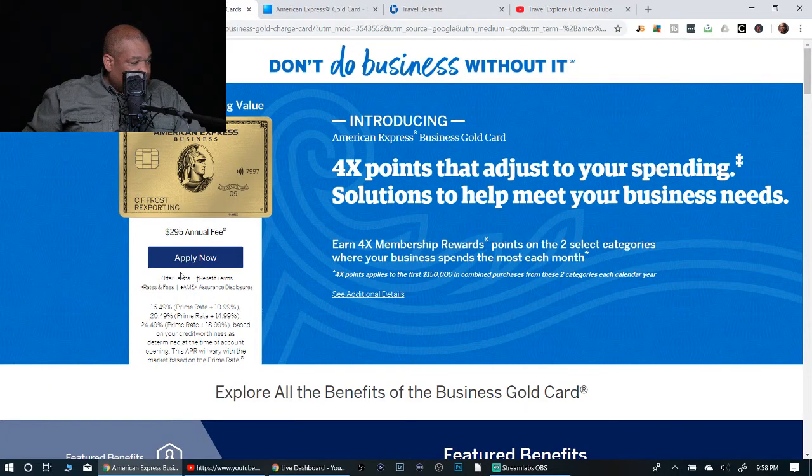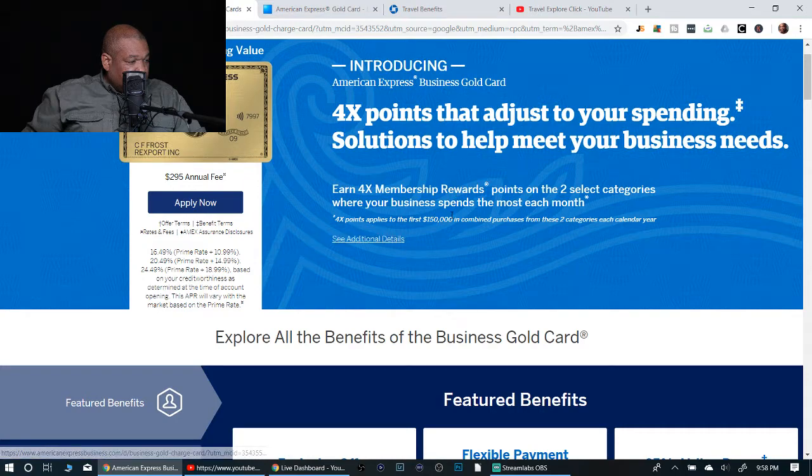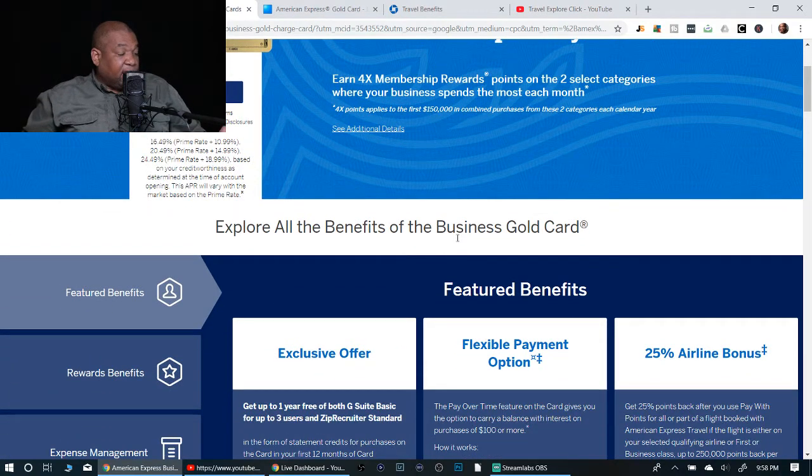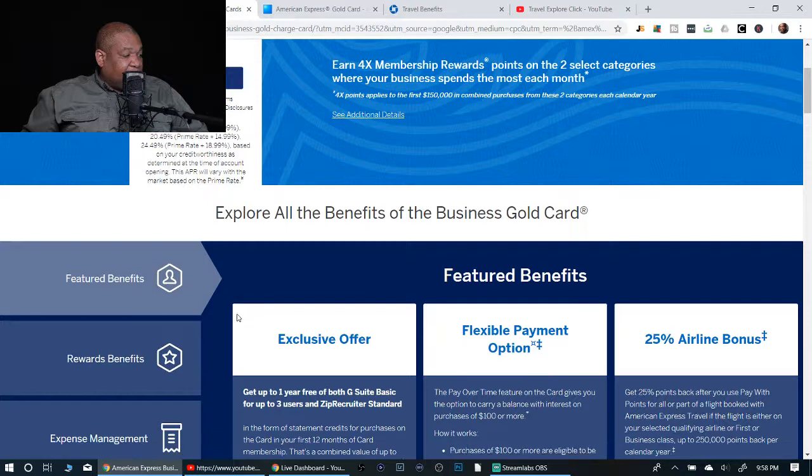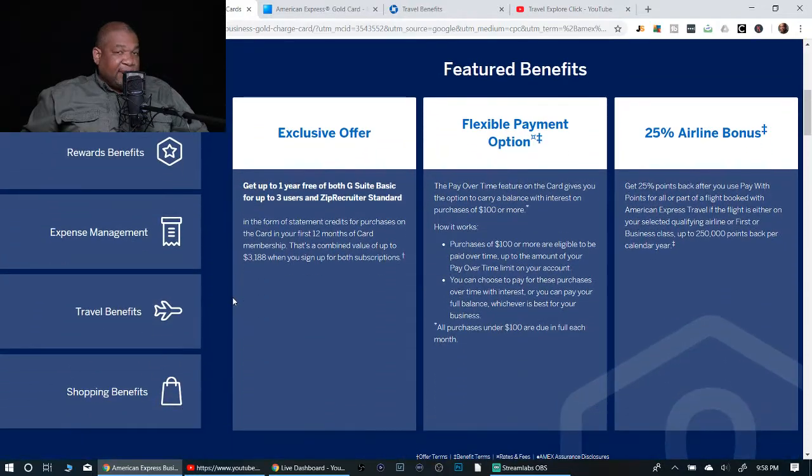Let's see, $295 annual fee. And introducing, yeah, I don't see it. Yeah, I don't see the bonus on here. So I'm sure they have a bonus, but I can't find it. And like I said, this is the first time that I've even gone to this page, this website.